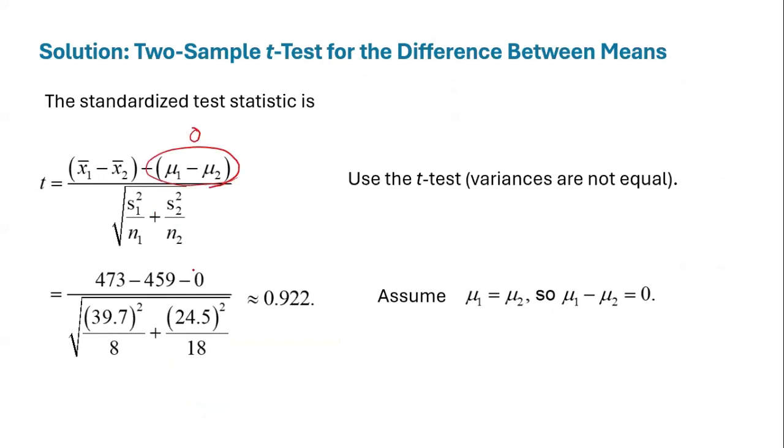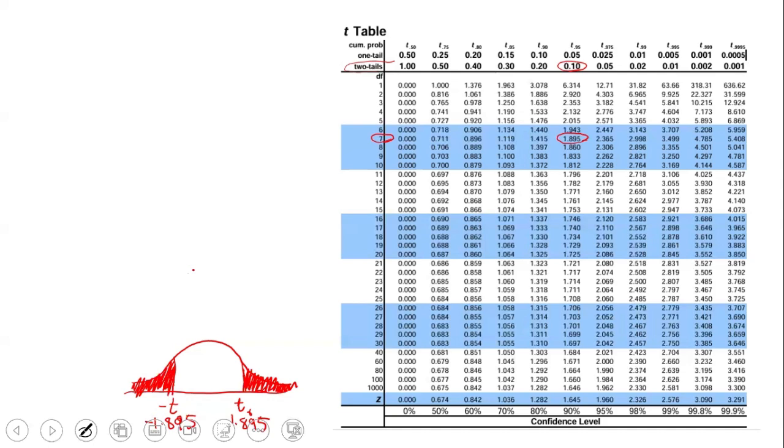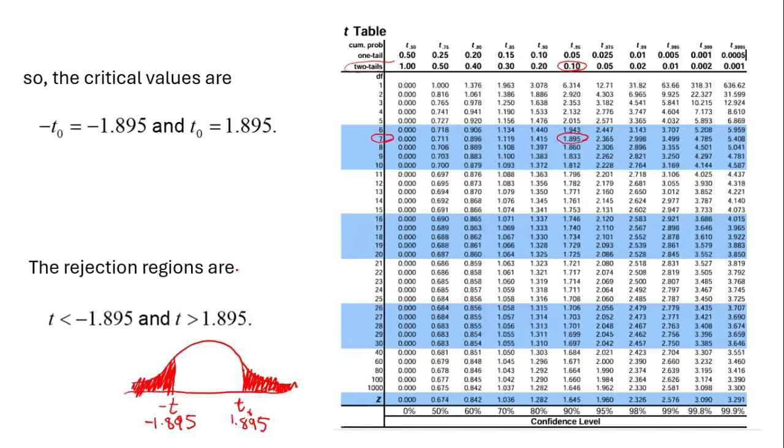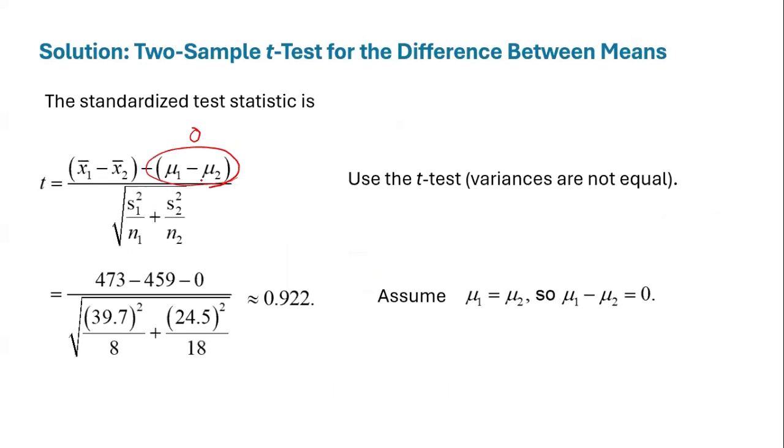Because if you go back to the problem, in the null hypothesis you always assume that mu1 is equal to mu2, which means if you subtract mu2 from both sides, mu1 minus mu2 is always 0. If they are equal, that means the difference is 0. So remember, in all of these problems, mu1 minus mu2 is always 0.